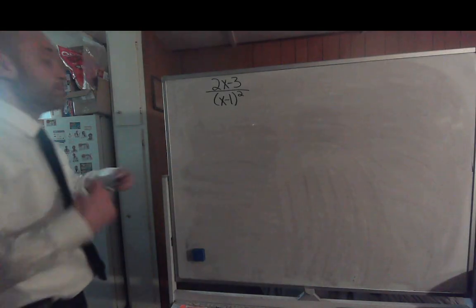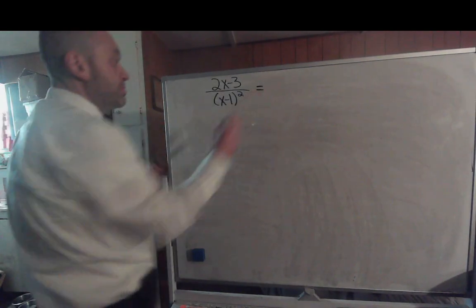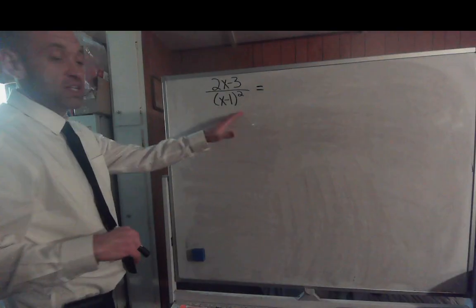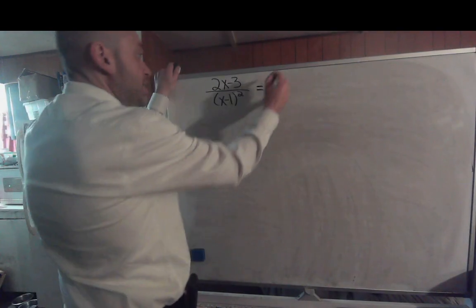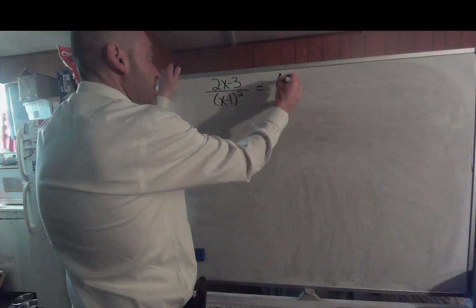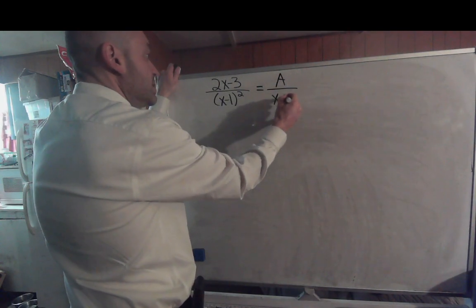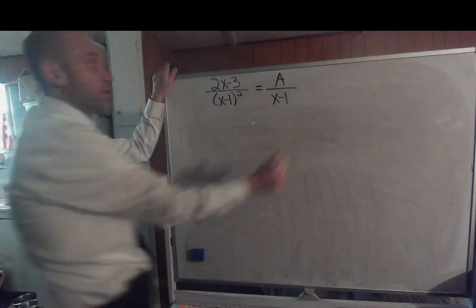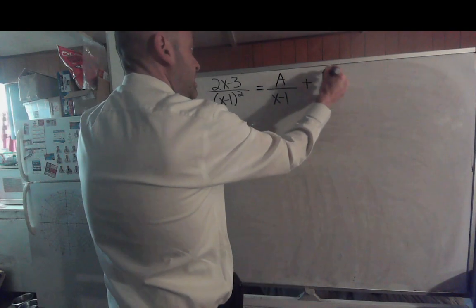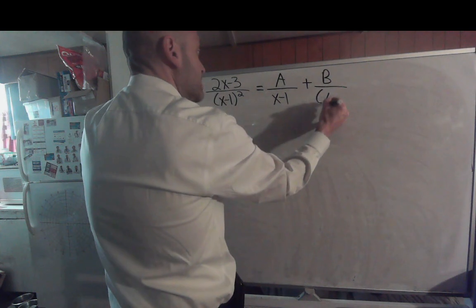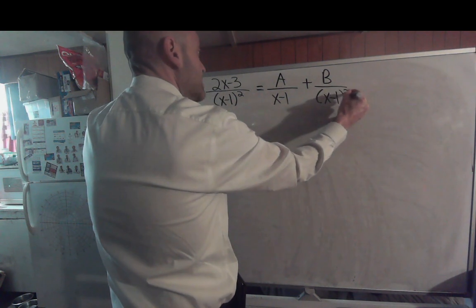Whenever you have a repeated linear factor, if it's just to the second power, that's going to be the same as A over x minus 1 simply to the first power, plus B all over x minus 1 raised to the second power.